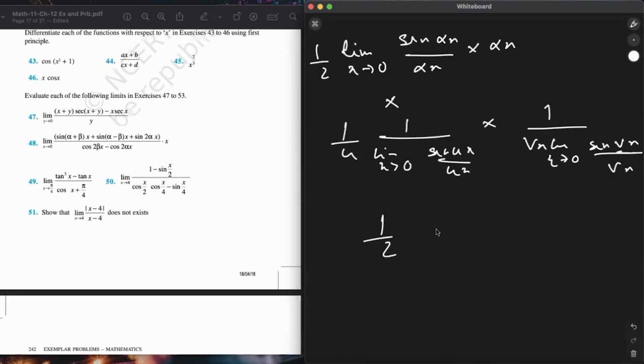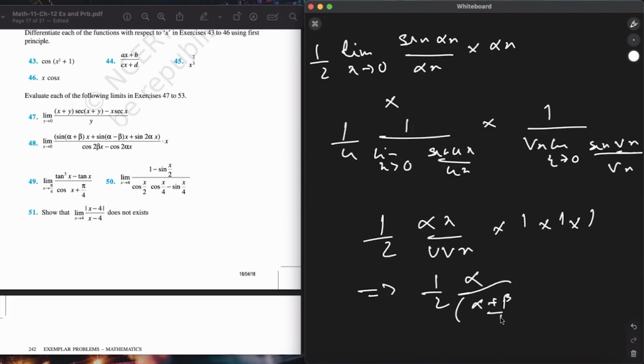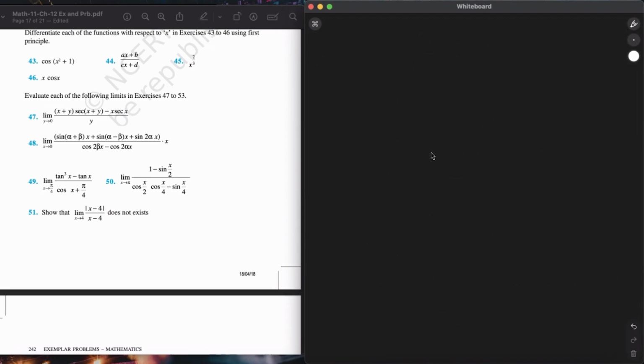So half alpha x into 1 into 1 into 1. So 1 by 2 alpha uv, where u was alpha plus beta by 2 and v was alpha minus beta by 2. If you simplify it further, you just have to multiply it. So it will be 2 alpha times alpha square minus beta square. This will be your answer.